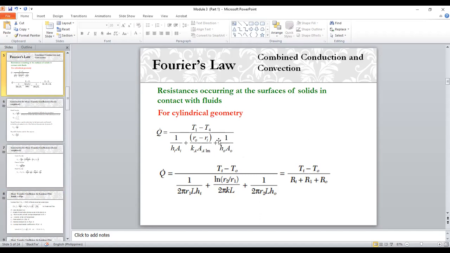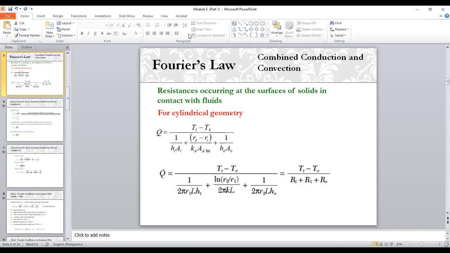This depends on the fluids that are found on the inner part of the pipe and on the outer part of the pipe. Why am I saying pipe? Because you have here a cylinder. So your geometry is that of a cylinder.